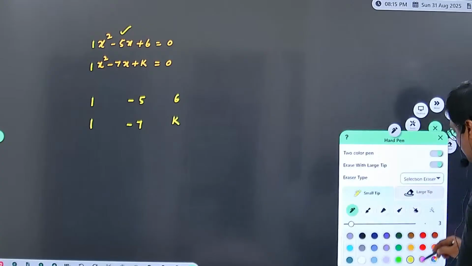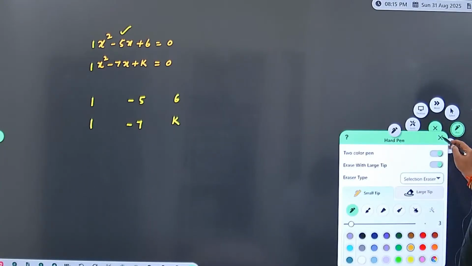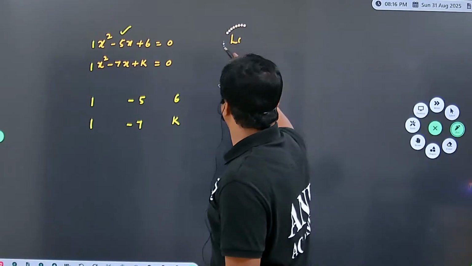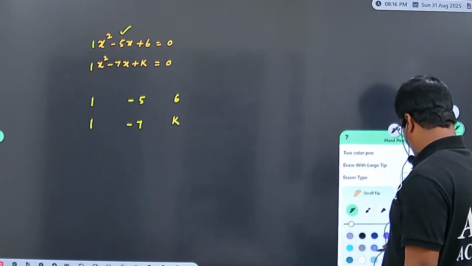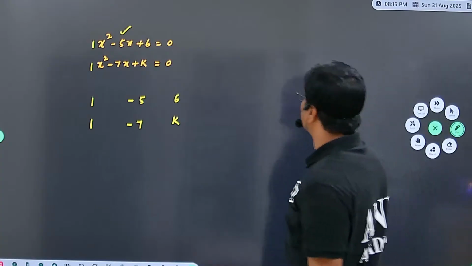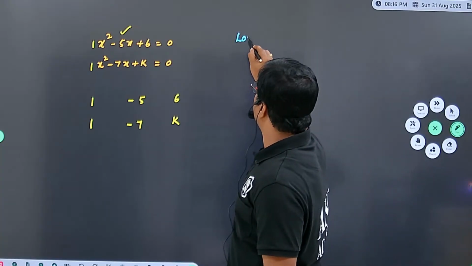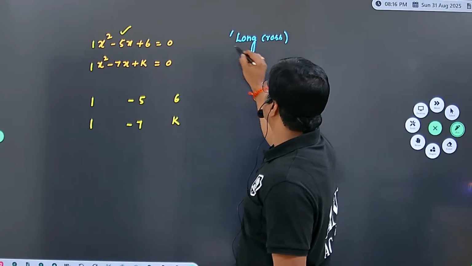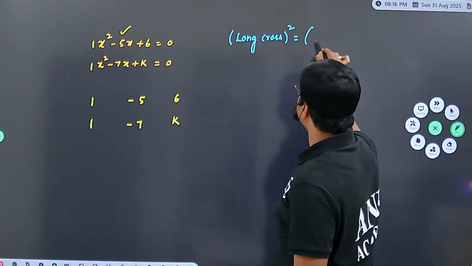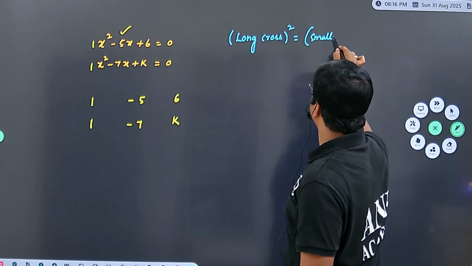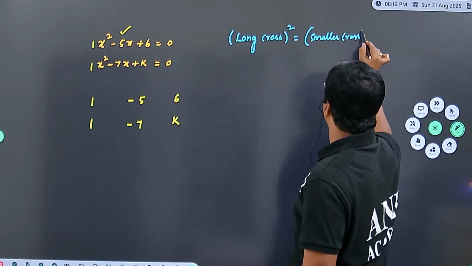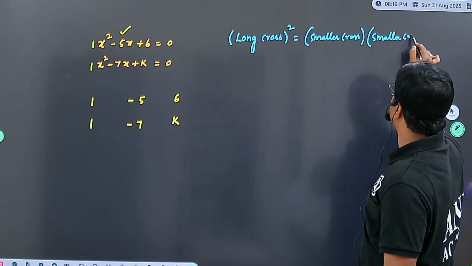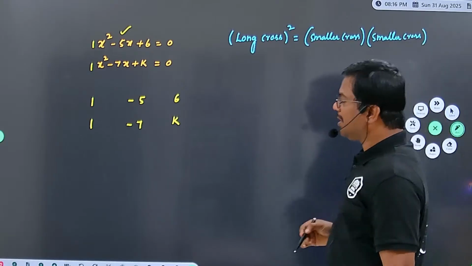One more simple way, just remember that long cross whole square equals smaller cross into smaller cross. What are long cross and small cross?